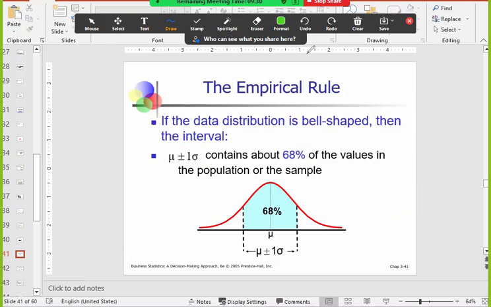Let's suppose you have data of non-performing loans, and you calculate its mean value.